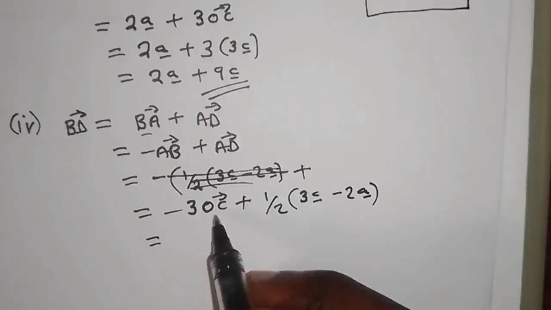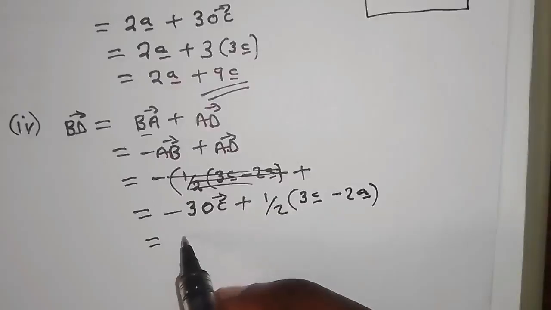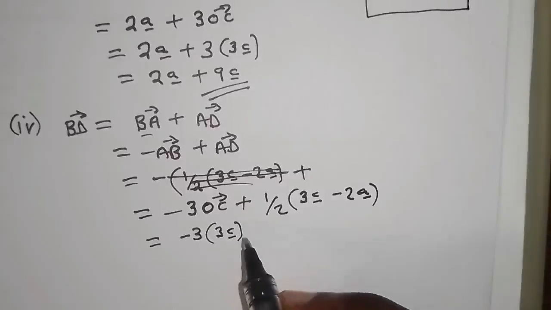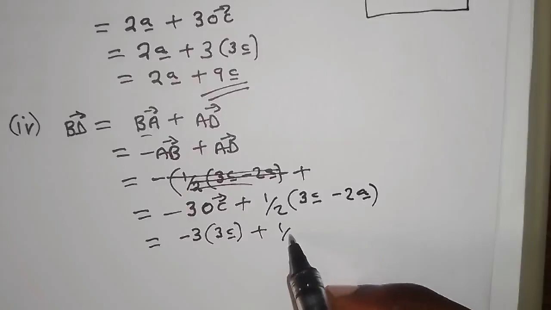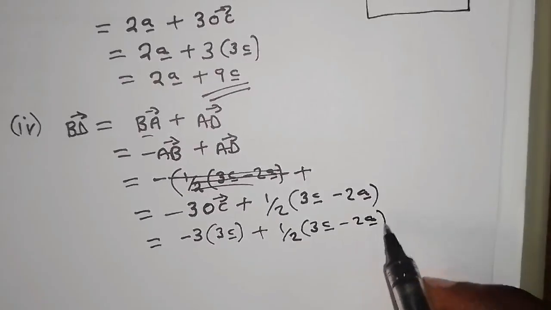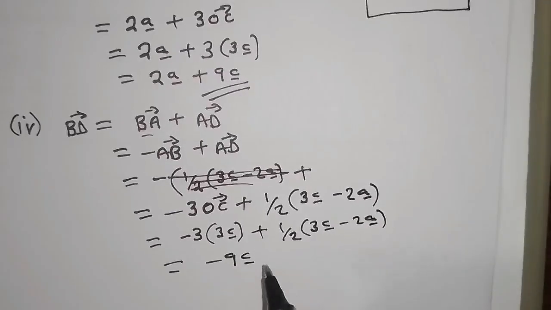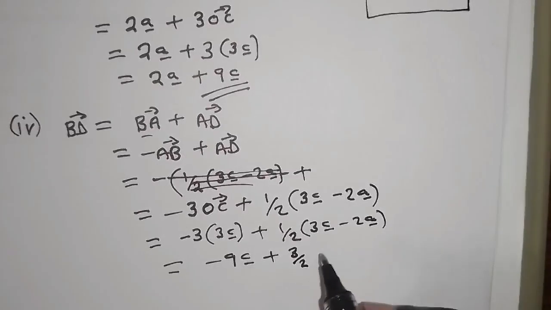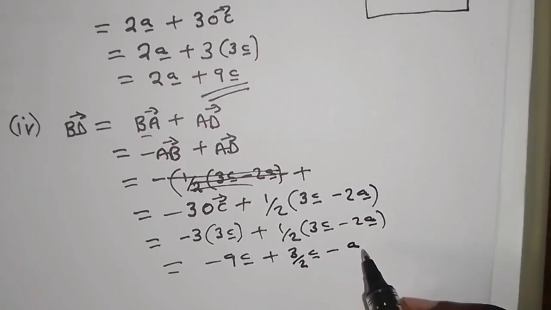Now we know that OC is just 3C. So this is negative 3 open bracket 3 vector C plus this one. So I'll expand now. This is going to be negative 9C plus 3 over 2 vector C minus just A.